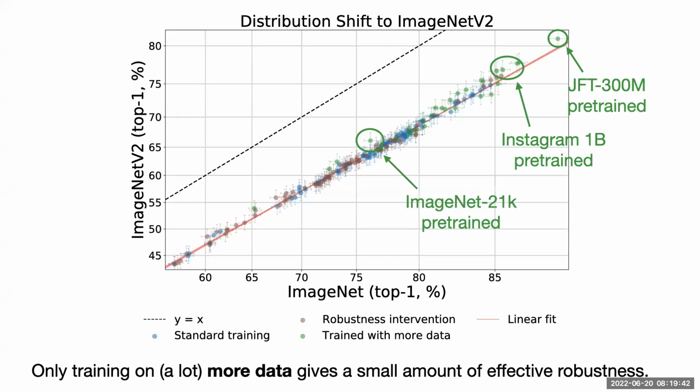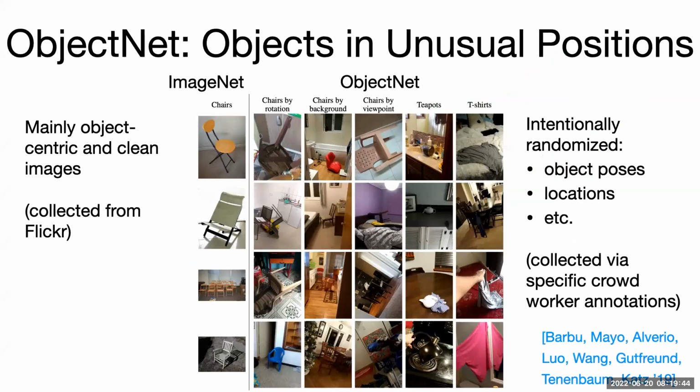So the next natural benign distribution shift that researchers proposed is ObjectNet. This is from a team of researchers at MIT, and they set out specifically to make a harder test set in the sense that they wanted to challenge how good the ImageNet models are on the object categories within ImageNet.